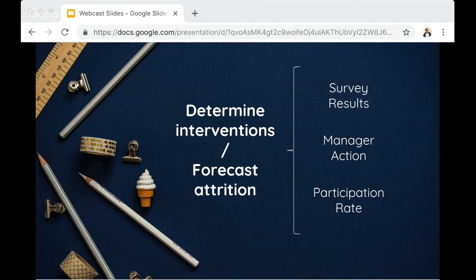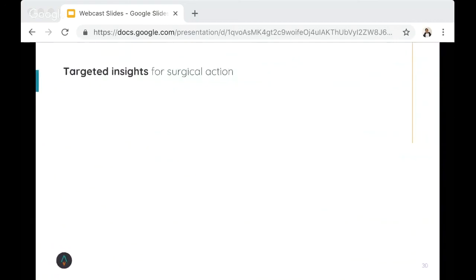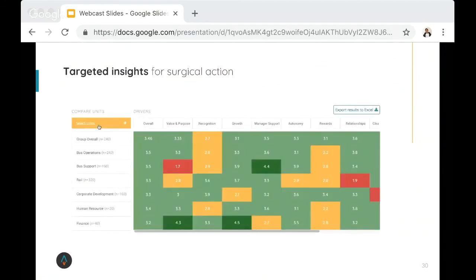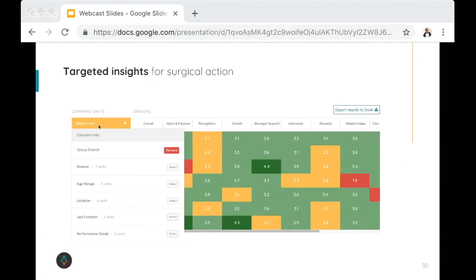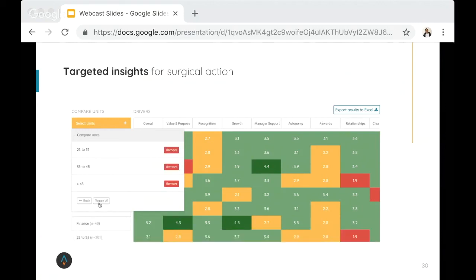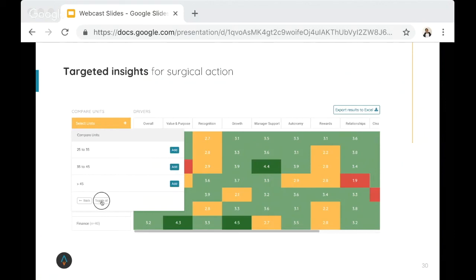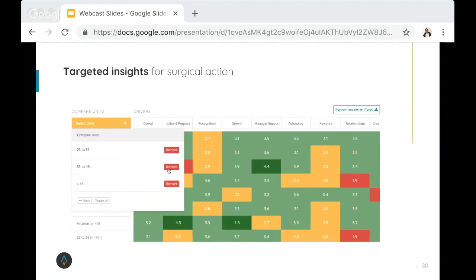So what kind of effectiveness can you expect? Slicing and dicing the data to determine interventions, what can you actually use? For example, to be able to break out all the different engagement drivers for surgical action. So being able to identify, in quite granular detail, what elements or segments of the organization have problems, and how do we address them.